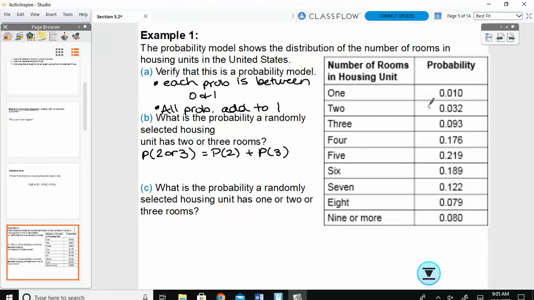So the probability of 2 rooms is 0.032 plus the probability of 3 rooms is 0.093. So we get 0.125. So there's a 12.5% chance that you would have either 2 or 3 rooms in your unit.